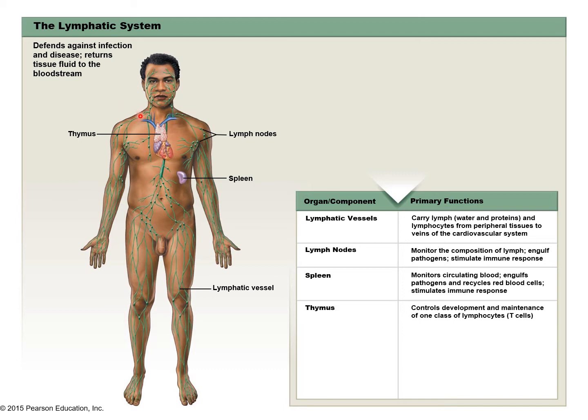So your lymph nodes are basically like those nodules that you guys are seeing right here, and those nodules are filled with a bunch of white blood cells. Because those lymph nodes are filled with white blood cells, those white blood cells are going to help you fight off infections.